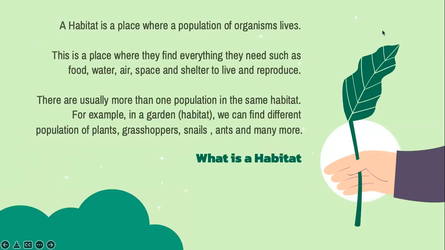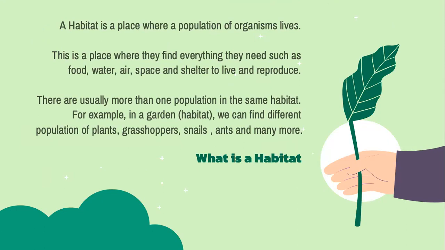Next, what is a habitat? A habitat is a place where a population of organisms lives. This is a place where they can find everything they need, such as food, water, air, space, and shelter to live and reproduce.